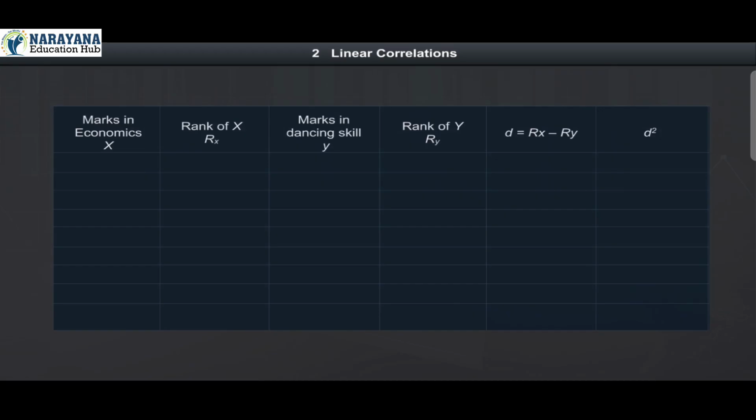Rank of X, Rx. Marks in dancing skill, Y. Rank of Y, Ry. D is equal to Rx minus Ry.